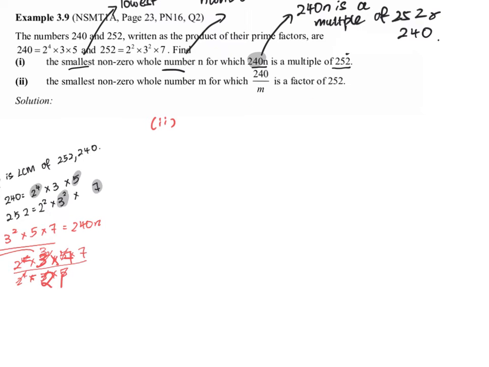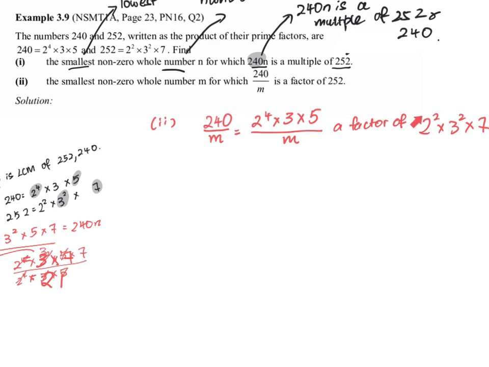So let's write out what 240 over m looks like. 240 over m will be 2 to the power of 4 times 3 times 5 over m, and this is supposed to be a factor of 252, which is 2 to the power of 2 times 3 power 2 times 7.